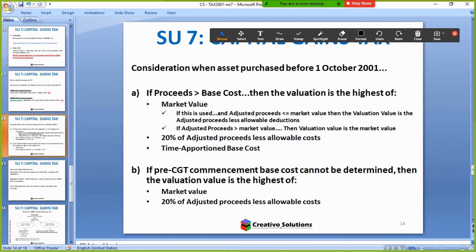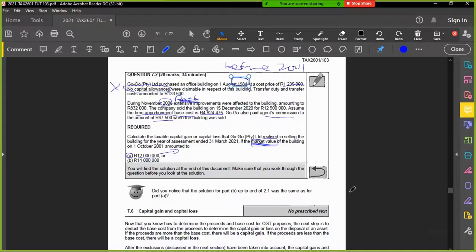No, you do, but that's before. Because what is the cost of the asset when you bought it? 1.2. Yes, 1.2, and then you're adding the 133,500. Does it make sense? Yes. Okay, so what is that going to give you as a base cost?